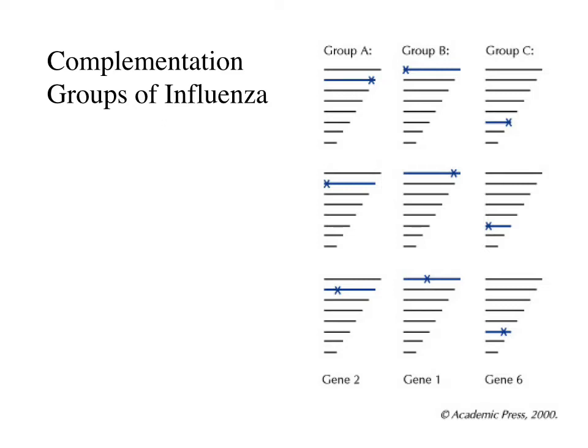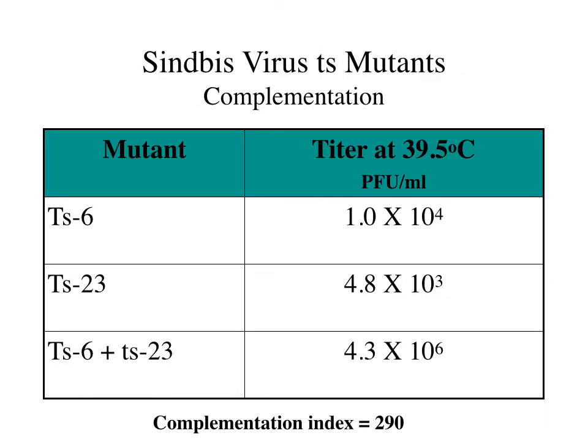We can look at an example of this looking at our TS mutants in Sindbis virus again. So here, if we take TS6 and TS23, remember that at non-permissive temperatures, the replication rate is going to be low. So when you grow your controls, you're going to get a low rate of infection.